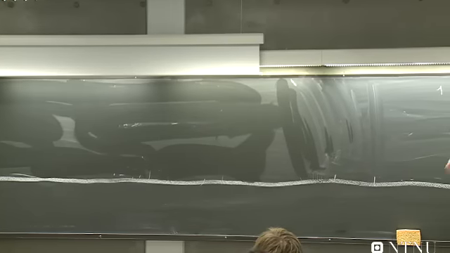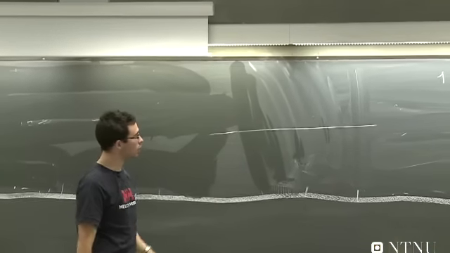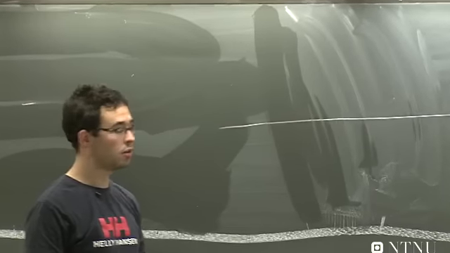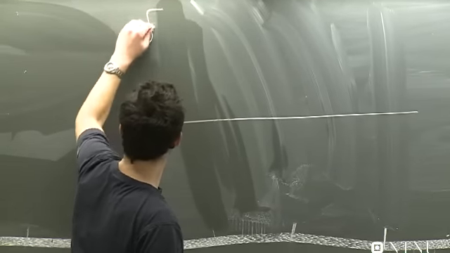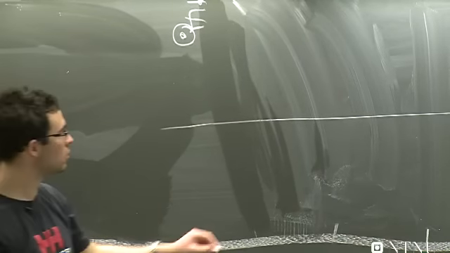Right, so I have some interface here, and I shine light on it. Let's say I start off with S-polarized light, meaning that the E field is perpendicular to the plane of incidence.